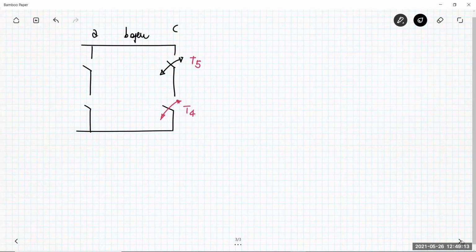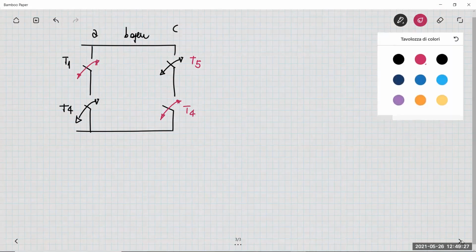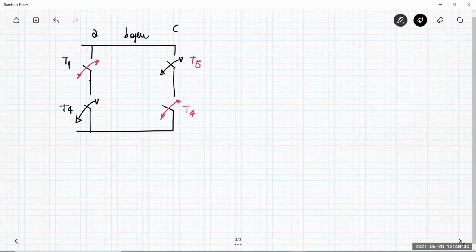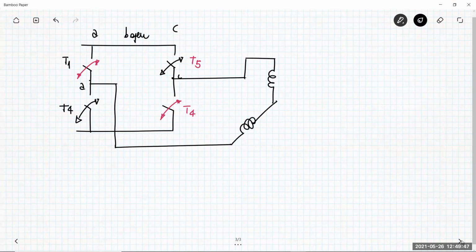And then you have the transistor T4, which is pulse width modulated, and T1, which is operated in a complementary way with respect to T4. Here you have the phase C, and then you have A. This is operating mode number 5, which is called A minus C plus.